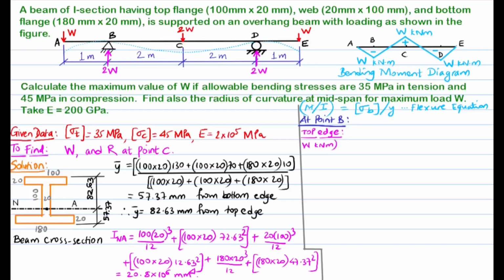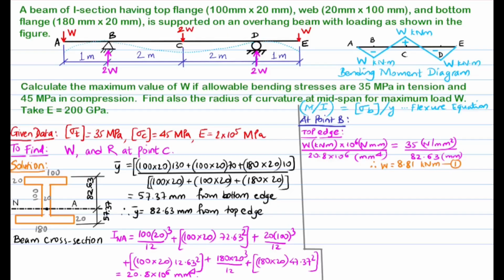Hence, for the topmost layer in tension, Mmax, that is W kilonewton meter times 10 to the power of 6 converted to Newton millimeters over I, which is 20.8 times 10 to the power of 6 in millimeter to the power of 4 units, equals sigma T, which is 35 megapascals over Yt, which is 82.63 millimeters. We get W as 8.81 converted to kilonewton meter units. Let's call this equation 1.